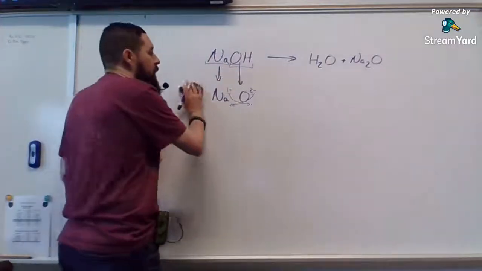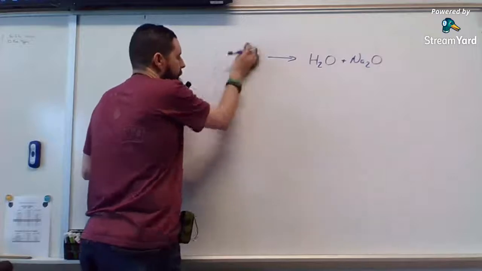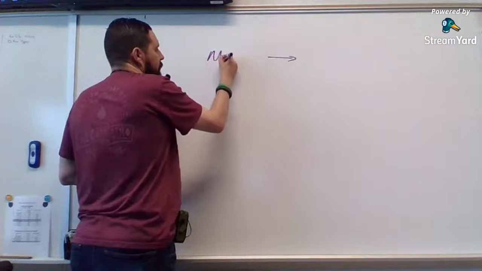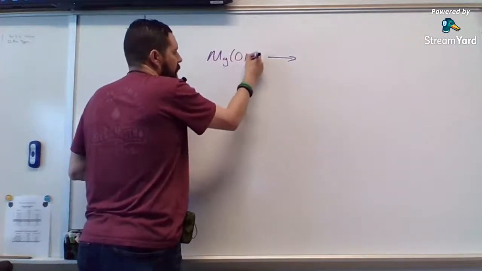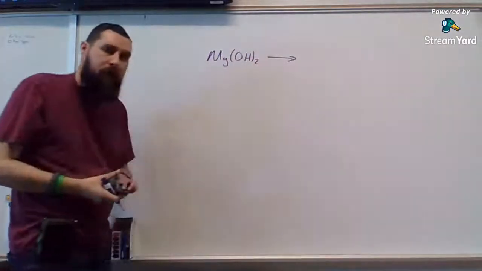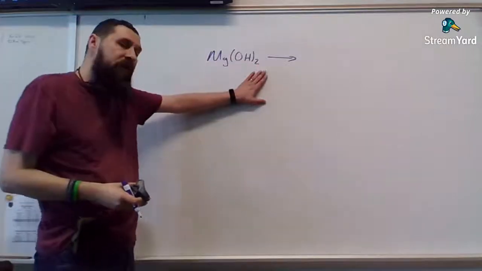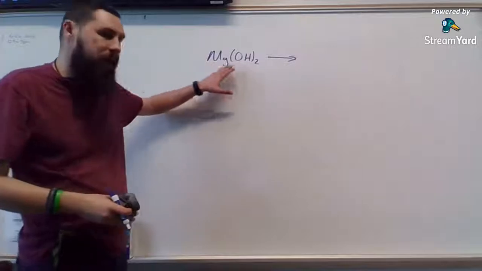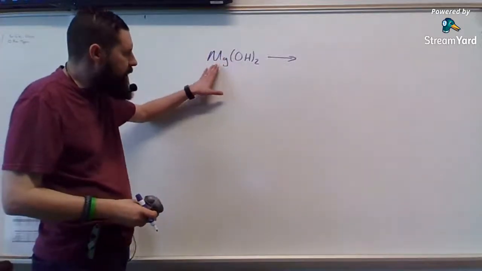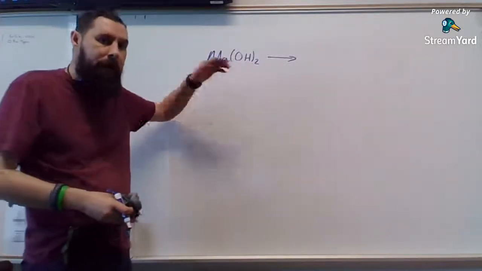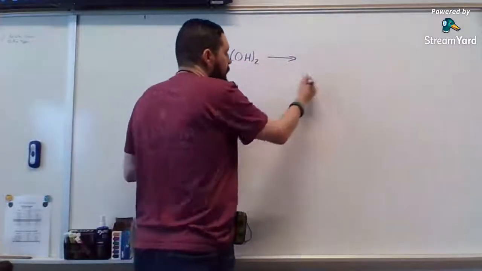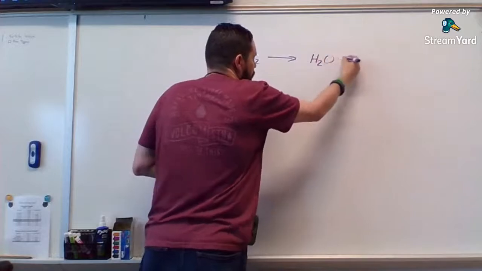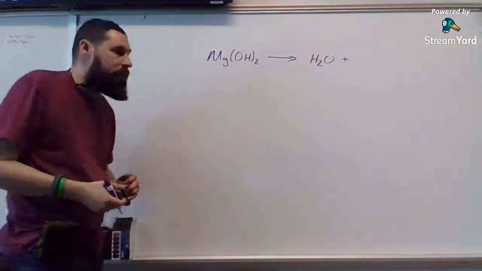Let's take a look at another one. Look at Mg(OH)2. Again, as soon as I say that there's only one reactant, I know this has to be decomposition. I then look at my components. I identify metal with hydroxide, and that hydroxide, I'm going to think about it in terms of, first and foremost, producing water.